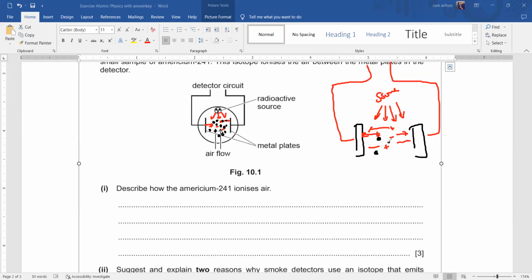There will be smoke particles, and alpha particles cannot penetrate or pass through the smoke particles, so they cannot cause ionization of the air. When it does not cause ionization, the smoke detector does not record any signal, so an alarm will ring, showing that there is a fire or smoke.